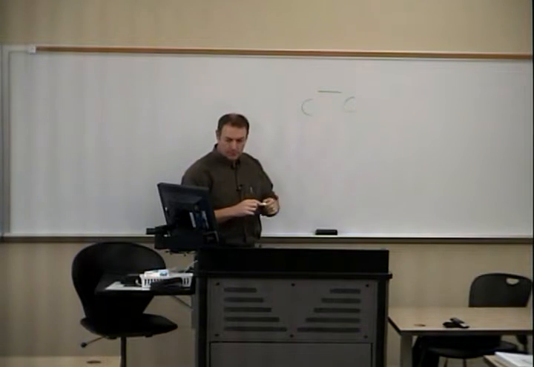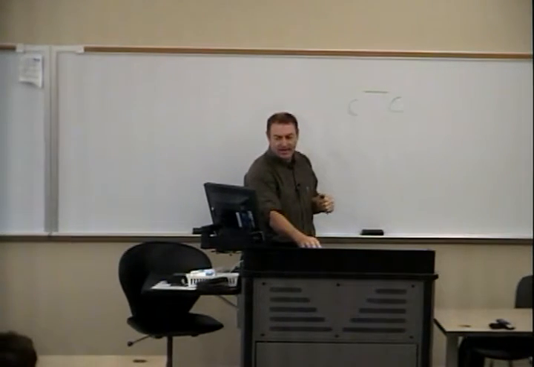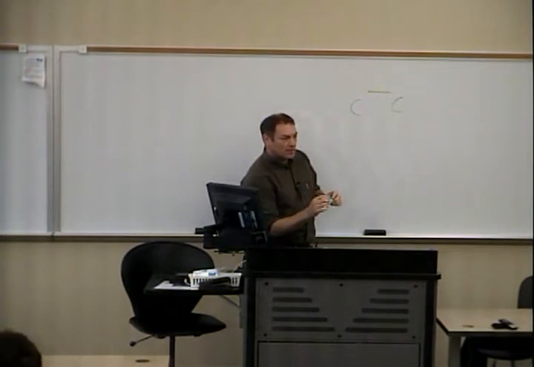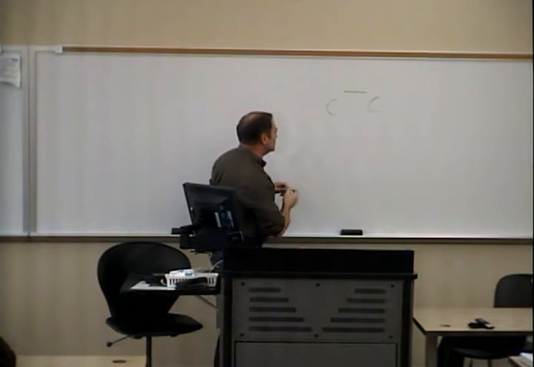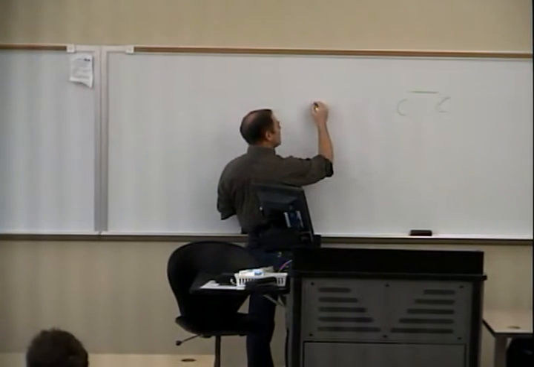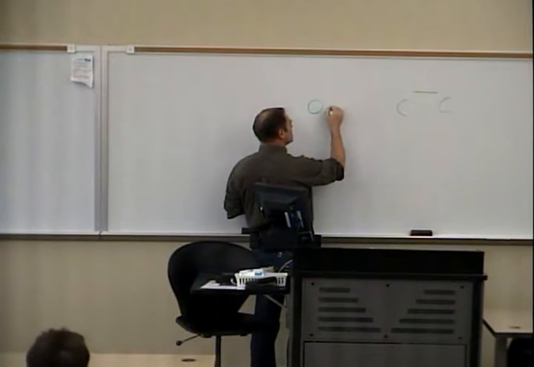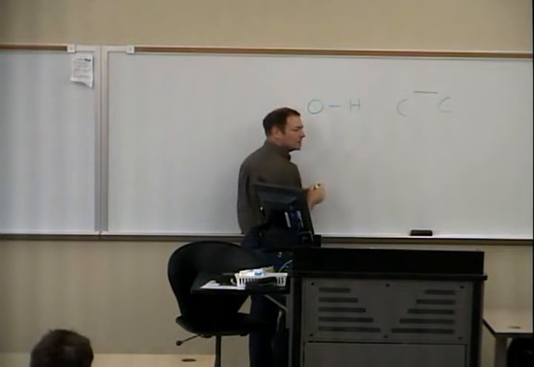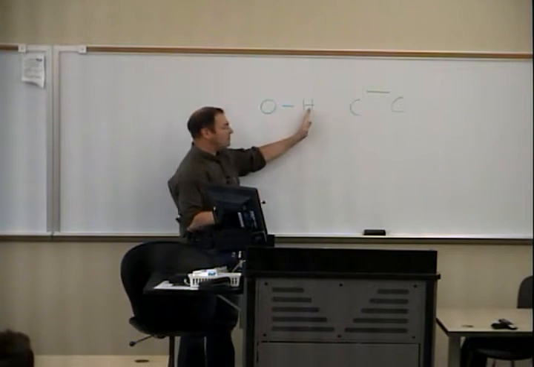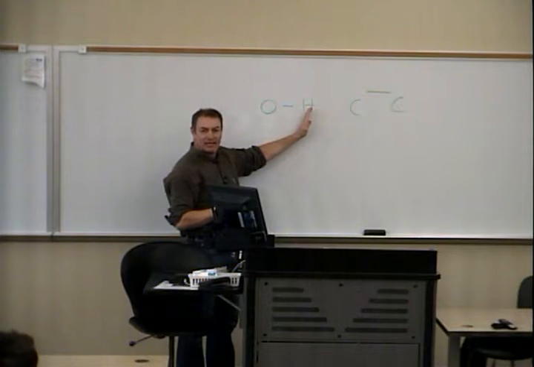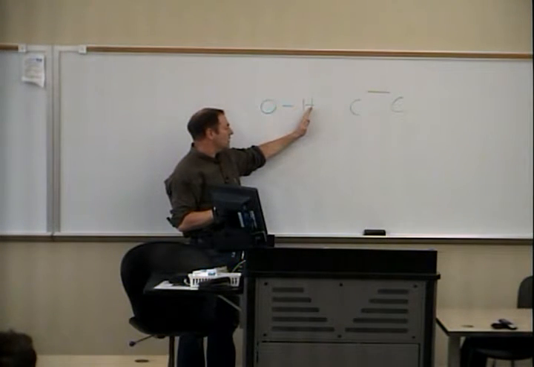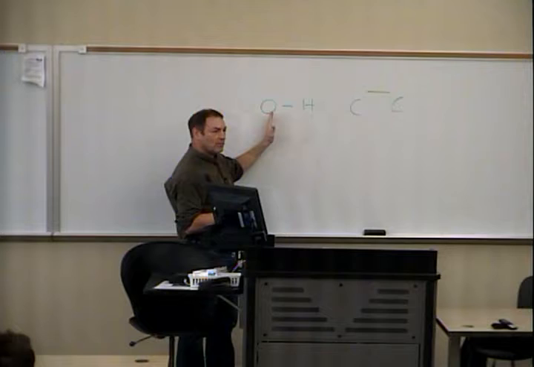All right. A polar covalent bond is different. When the two atoms, and let's do, for example, an oxygen and a hydrogen, when the two atoms are of quite dissimilar electronegativities. All right. Oxygen, do you remember what that was on the electronegativity scale?